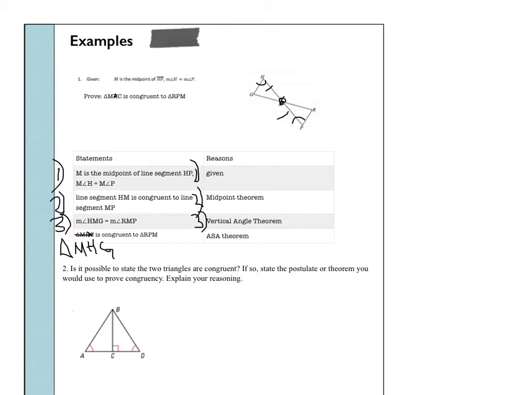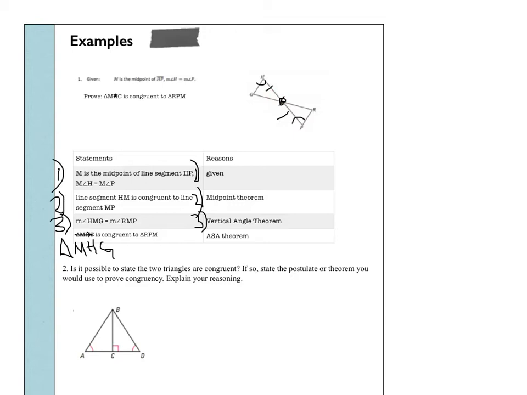Our third step is we've solved that we've got two congruent sides, and in our given we know two congruent angles. So I'm going to try to find one other thing, a side or an angle that's congruent. Well, I know that right here I've got two rays that intersect at a point, which means I have two vertical angles, and we know that vertical angles create two congruent angles.